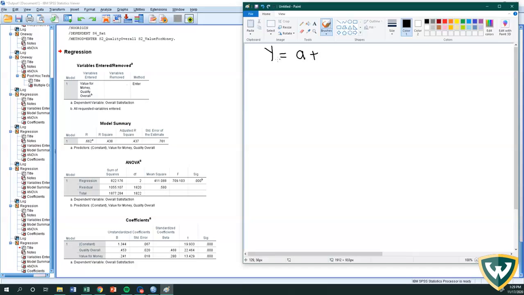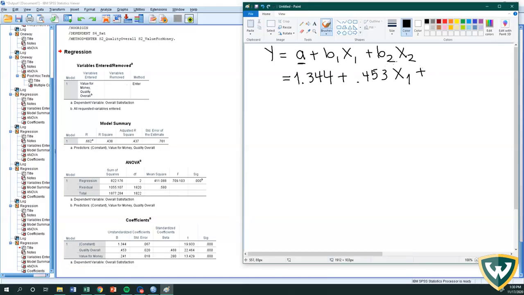So my regression equation is y equals a plus b1 x1 plus b2 x2 in this case. My y-intercept here is 1.344, statistically significant, plus B1, my first slope for quality, is 0.453, statistically significant.